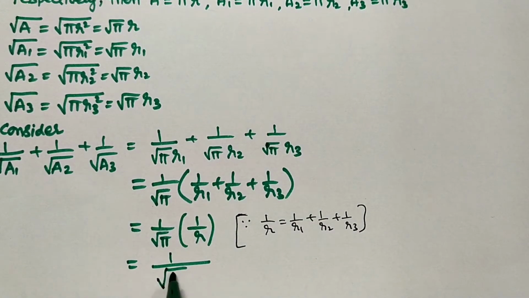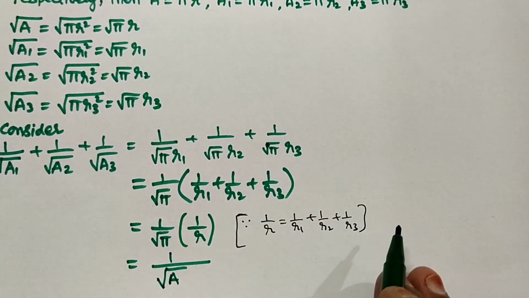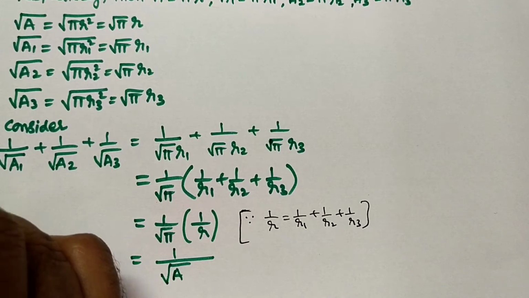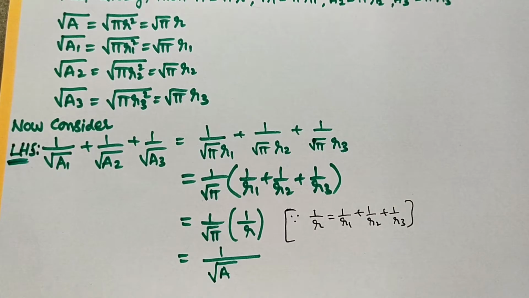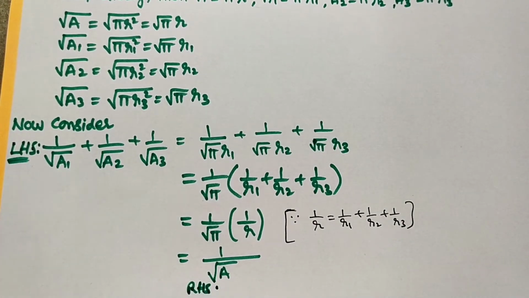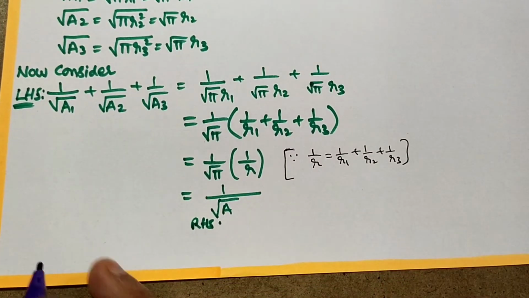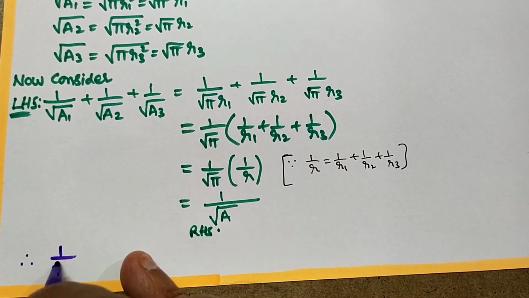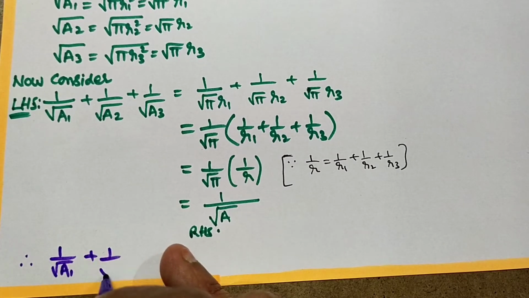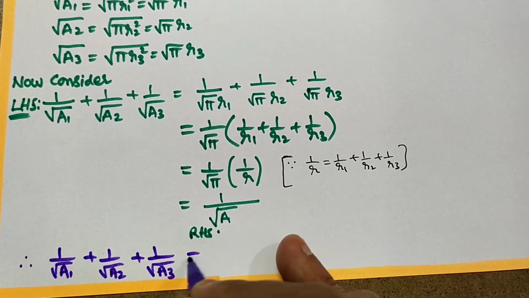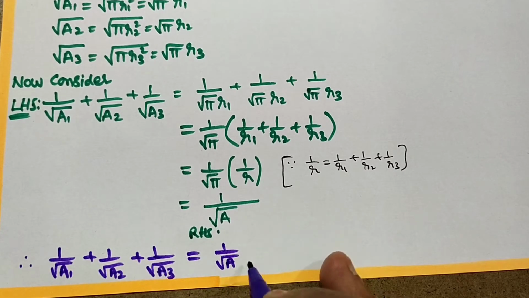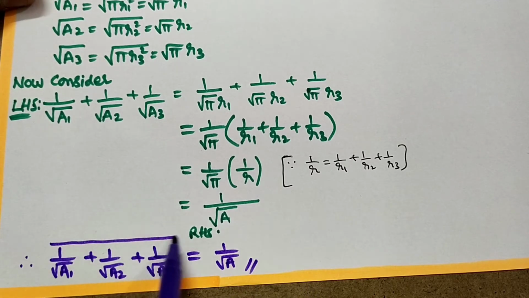So root A. Hence proved. This is LHS, this is RHS. Therefore, in the conclusion step, 1 by root A1 plus 1 by root A2 plus 1 by root A3 is equal to 1 by root A. Hence proved. This is the required result.